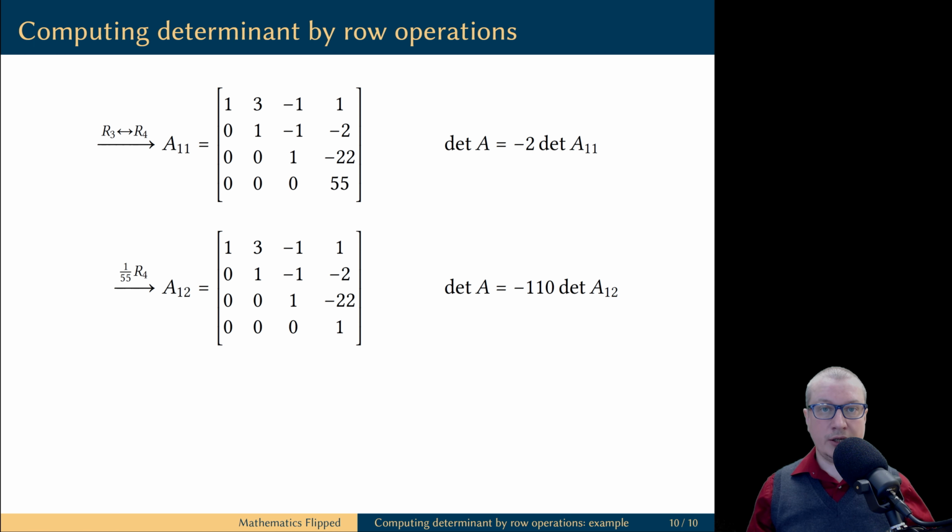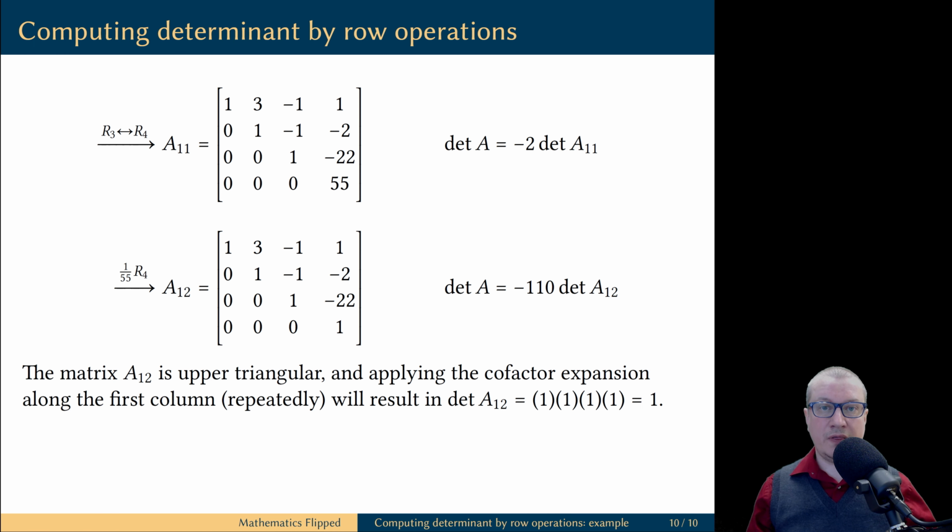Do you see why it's called upper triangular? All entries below the main diagonal are equal to 0, and the only non-zero entries appear in this upper triangle part of the matrix. In the classical Gauss-Jordan elimination algorithm, we would now have to produce zeros above all the leading ones, but there is no need to do this to compute the determinant of this matrix.